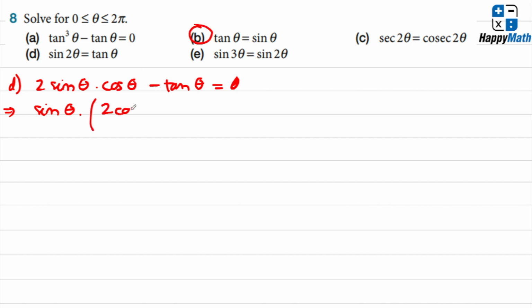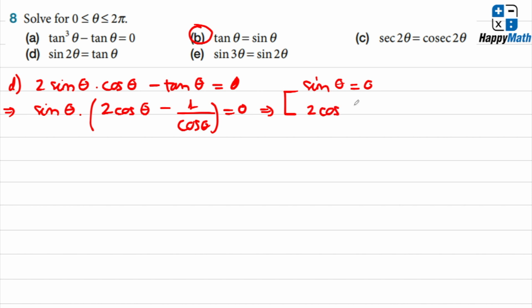Inside the bracket you get 2 cos theta minus 1 over cos theta equals 0. This corresponds to two solutions: the first factor sine theta equals 0, and the second, 2 cos theta minus 1 over cos theta equals 0.